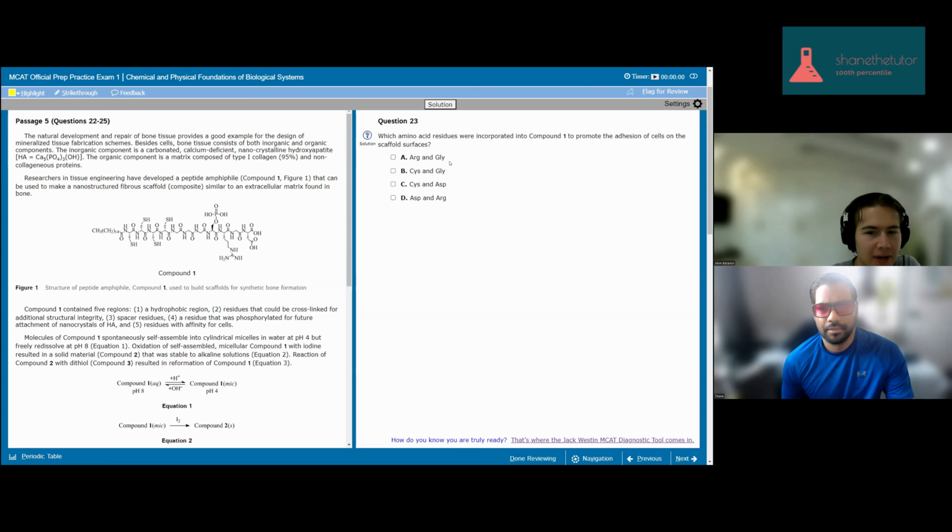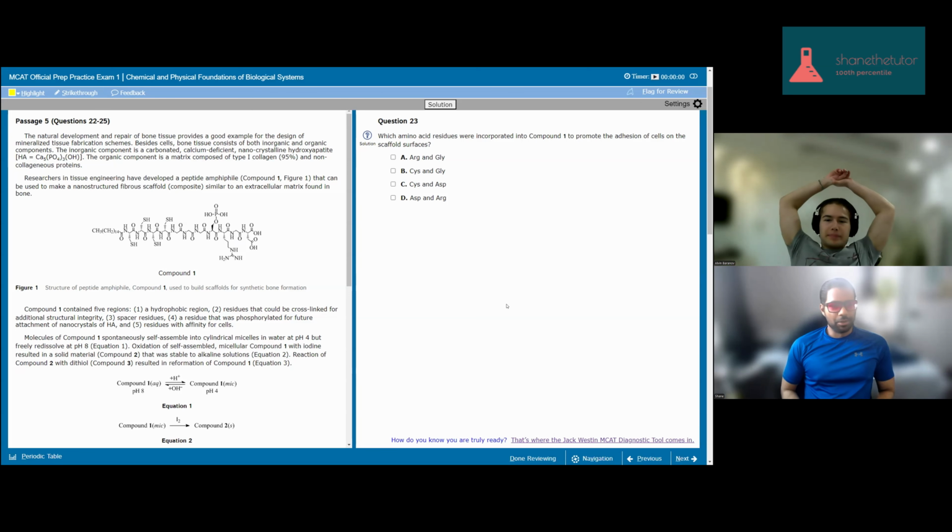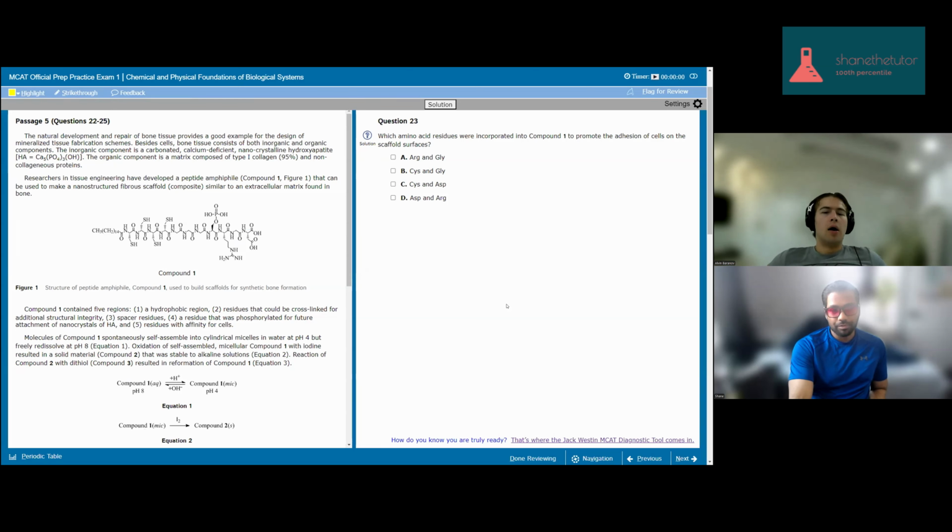I wasn't sure between A and B, but I think I chose B. I'm not sure here. So when we looked at compound 1 to look at the functional groups, and after they told us more information about those functional groups, let's see if they actually line up.